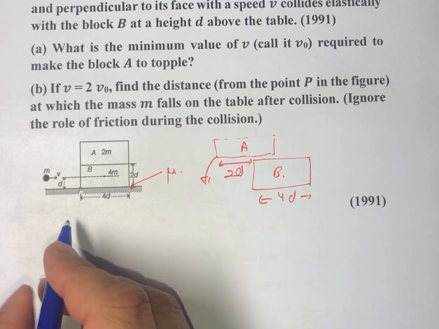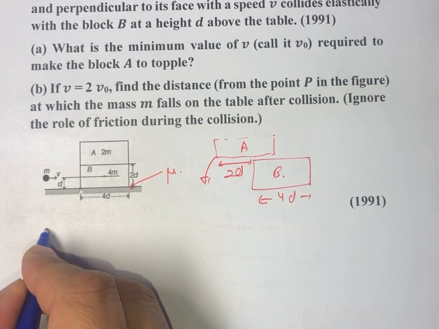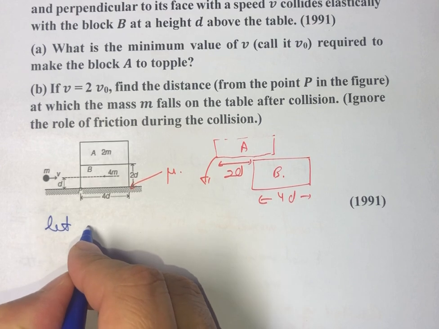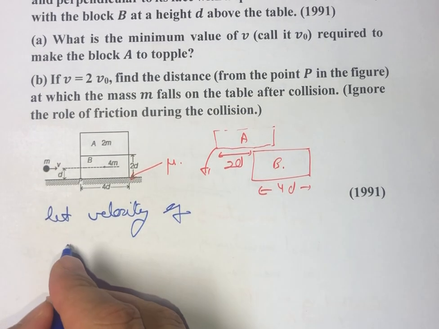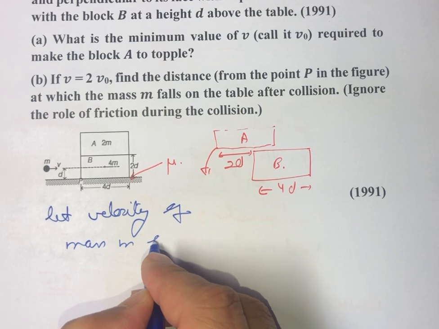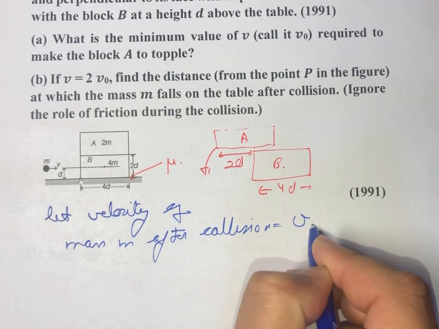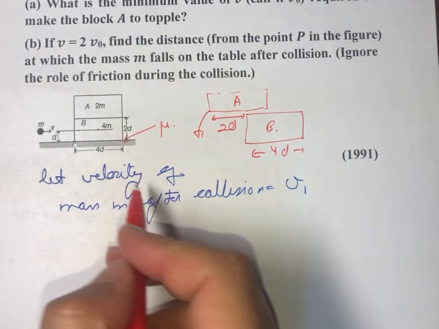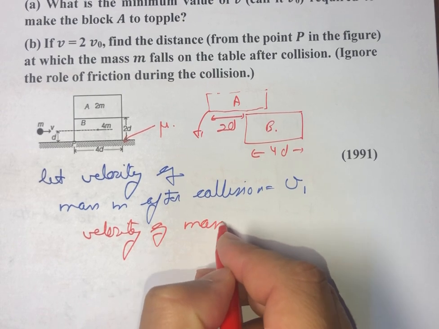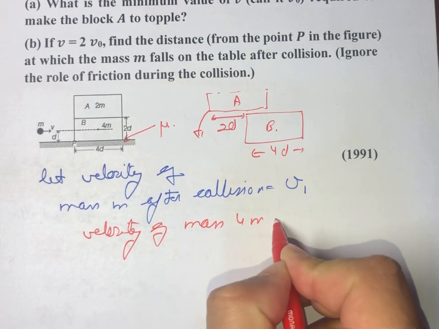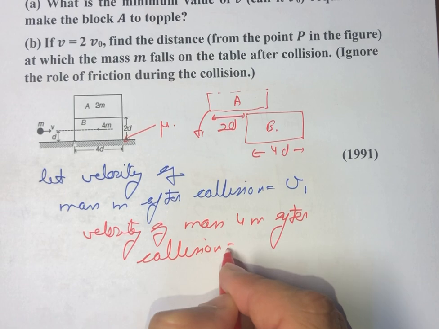So we say let velocity of mass m after collision is v1 and velocity of mass 4m after collision is v2.